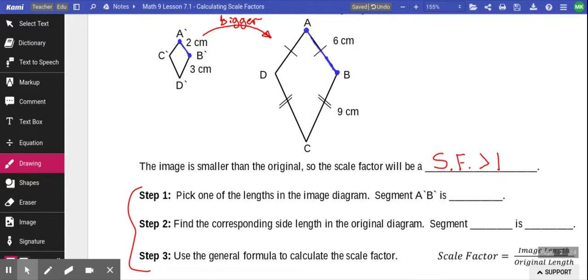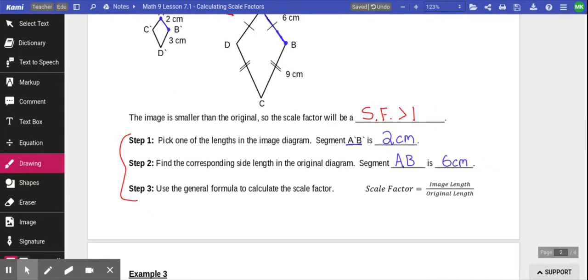Now that I've found two lengths that are the same, like they're the same idea in the two images, I'm going to figure out how long each one of them is. So from A prime to B prime, that was 2 centimeters. The corresponding side on my new diagram, from A to B, is 6 centimeters. To actually calculate the scale factor, your scale factor equals your new side length divided by your old side length.